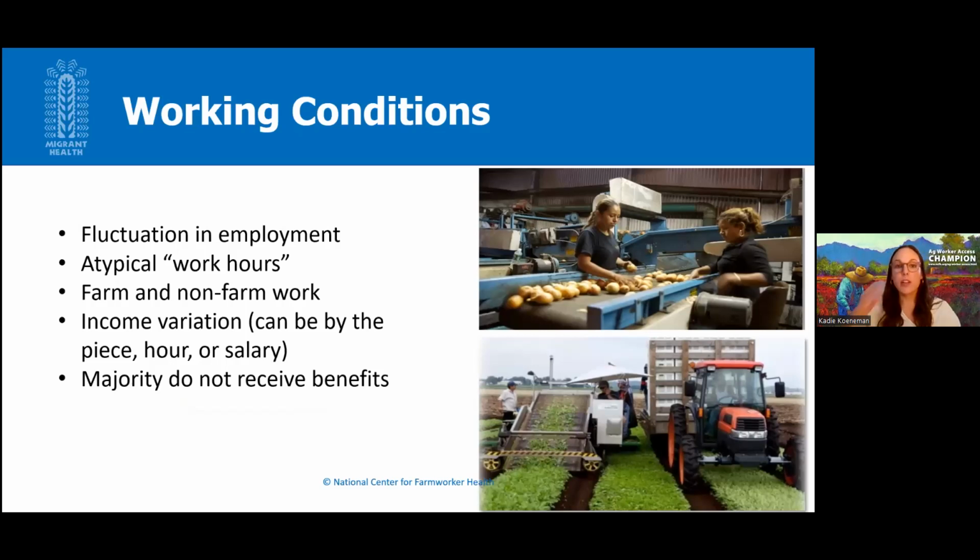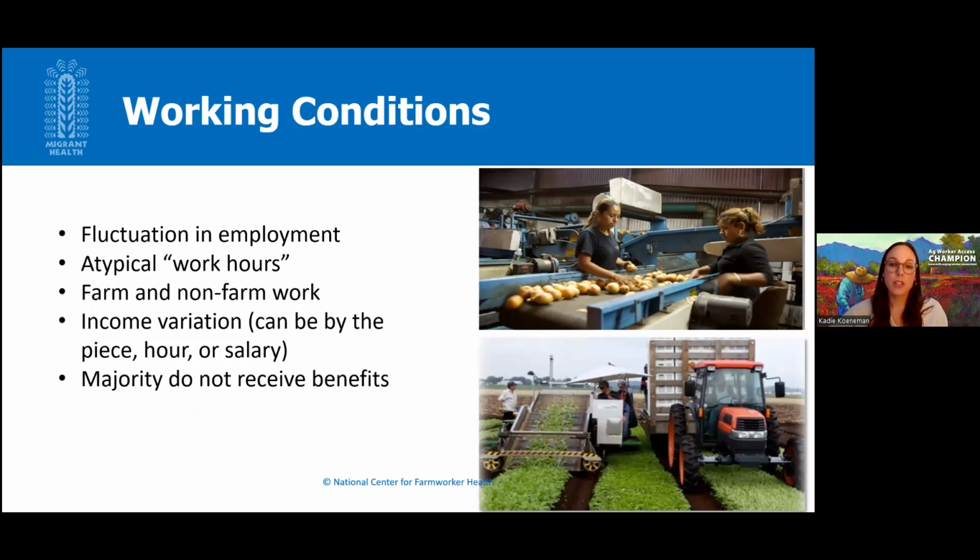So next, we're going to look at working and housing conditions. As we know, agricultural work fluctuates. It depends on season, weather, and market demands, as we already discussed. Hours can be extended from early morning to late in the evening and done every day versus 5 days a week. Income is also unique.